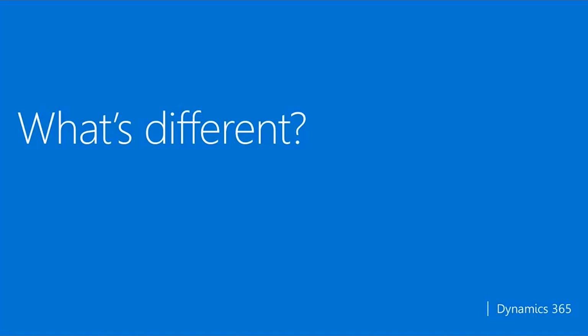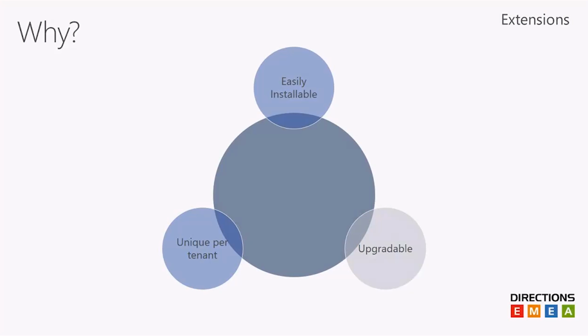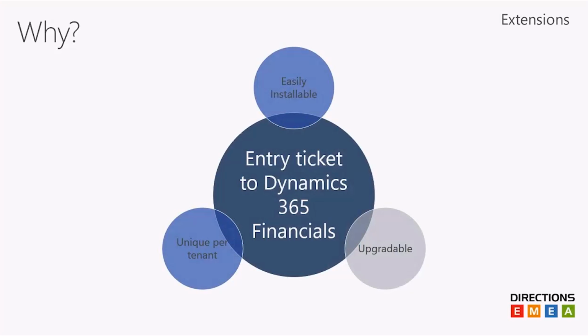So the biggest difference with Dynamics 365 is that if you as a partner want to add IP to it, you also always have to use an extension. And of course, extensions are the new way to make additions or to program for Dynamics 365.